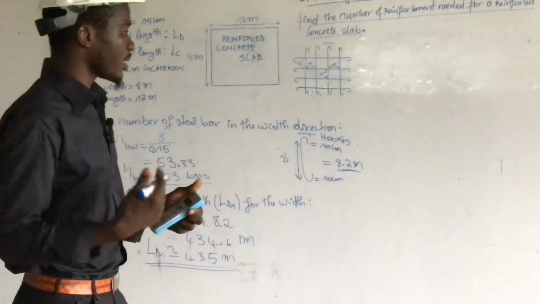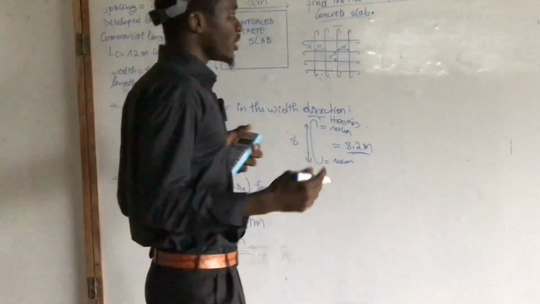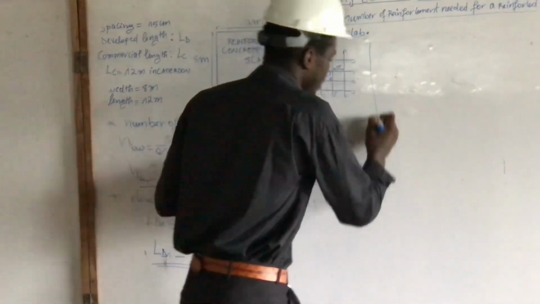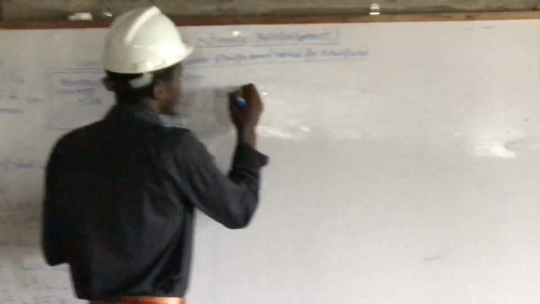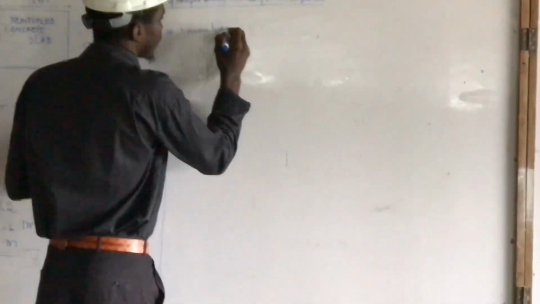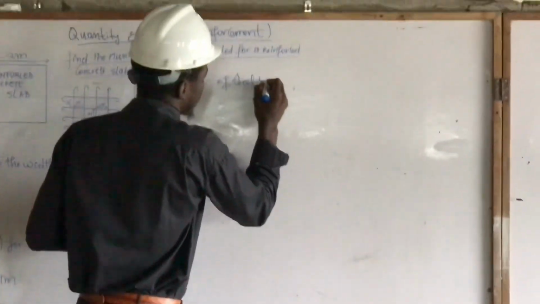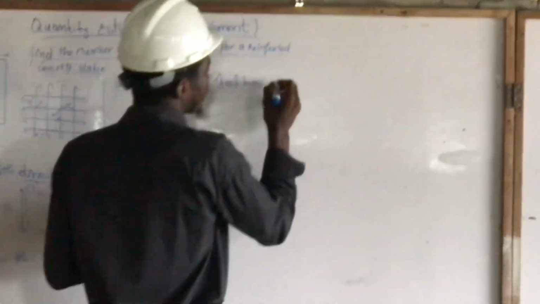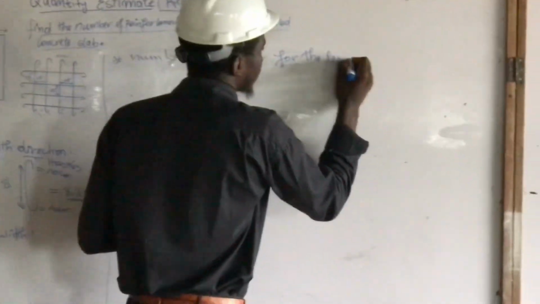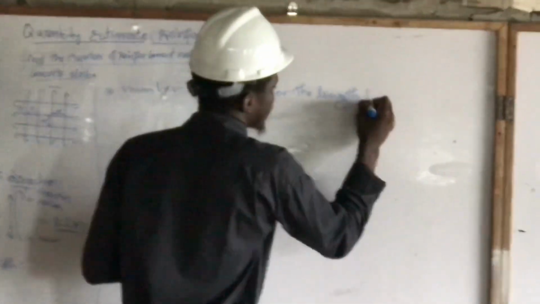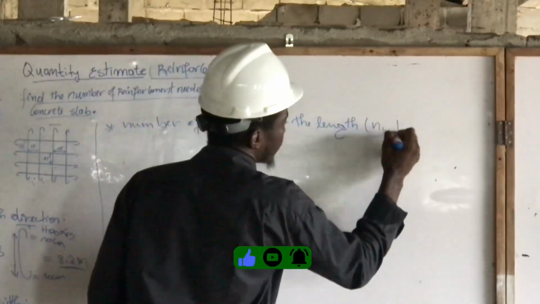Now we found the number of steel bar needed for the width, and we need the number of steel bar for the length of our slab. We will do the same process. Number of steel bar for the length, let's call it NBL.